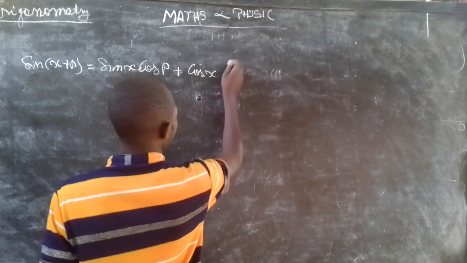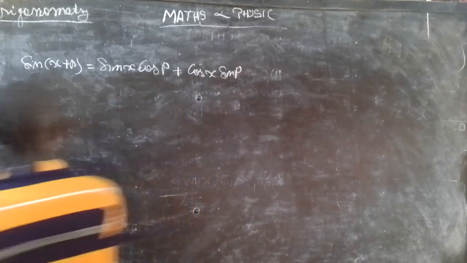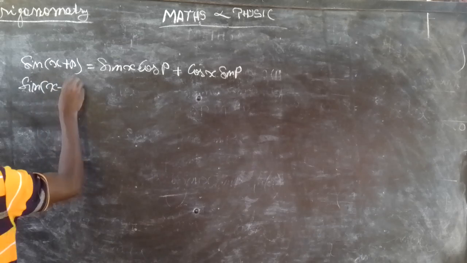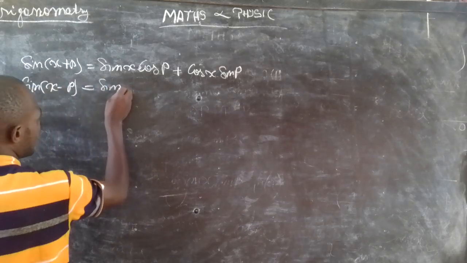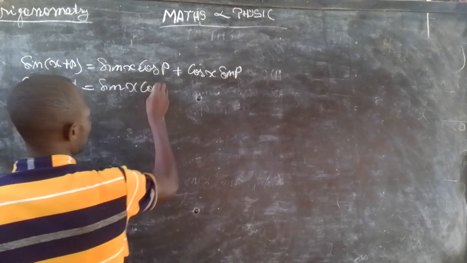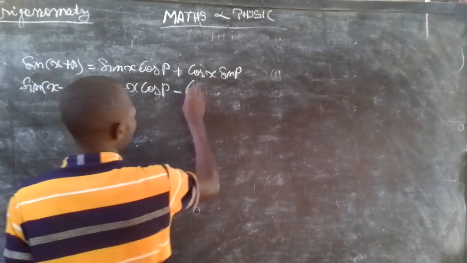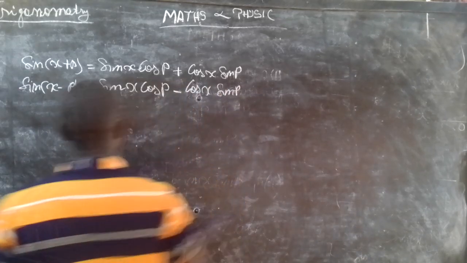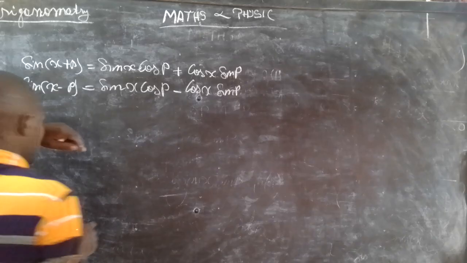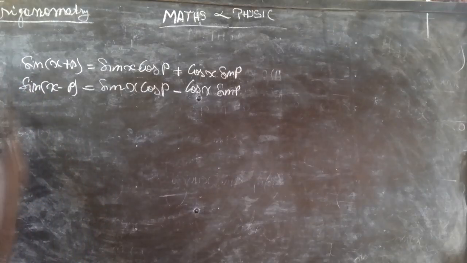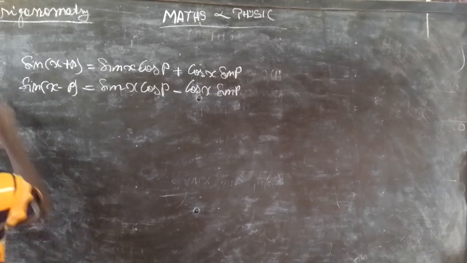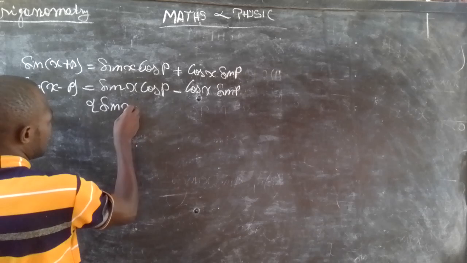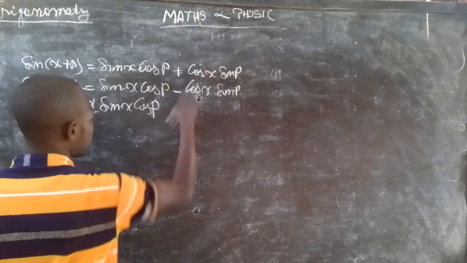Again, sine of x minus p will be equal to sine x cosine p minus cosine x sine p. If we make an addition here, we will have 2 sine x cosine p, and the other terms will be cancelled.